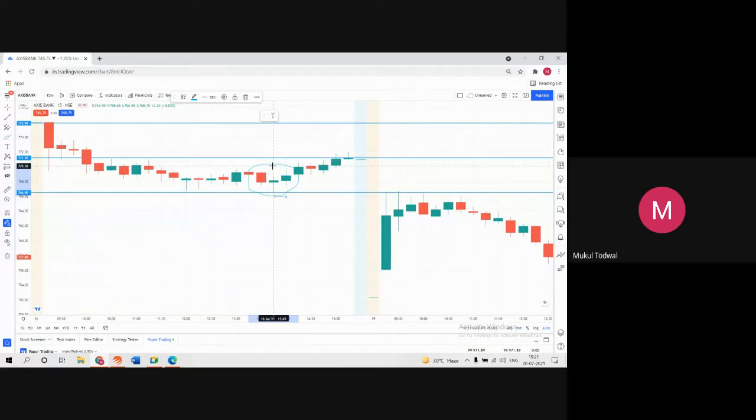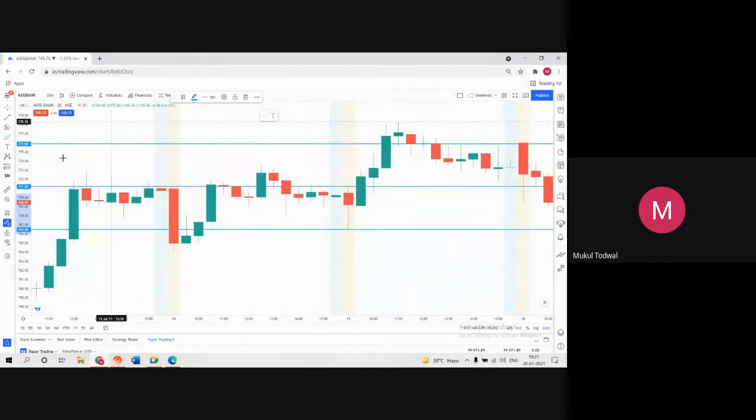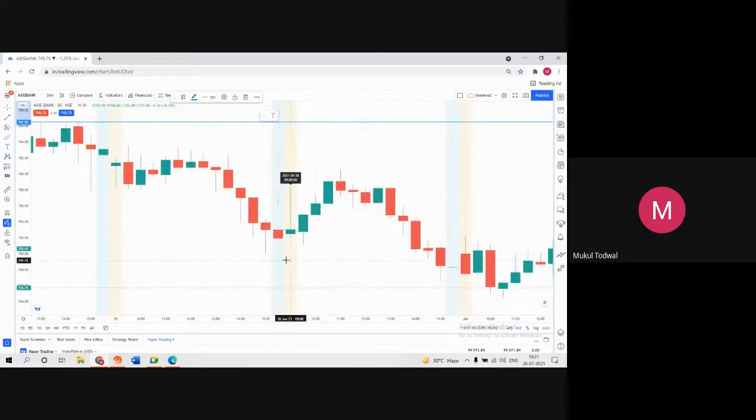Taking an example of inverted hammer, we have the Axis Bank 30-minute chart, and we'll quickly move on to 2021 0630. See what has happened over here: the stock is in a downtrend right now.